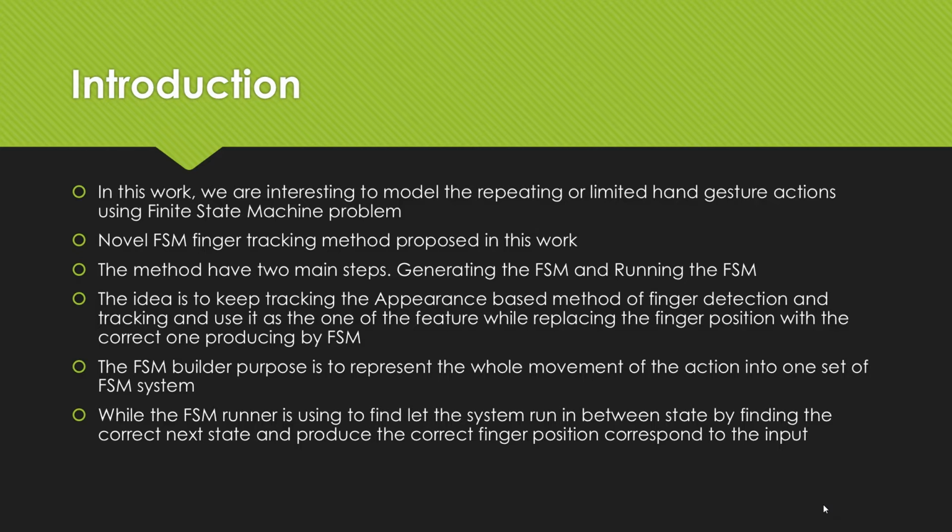The finite state machine builder is proposed to build the finite state machine from the sample hand action or hand gesture that we record, and then this is to represent the whole movement of the action in one finite state machine system, while the other algorithm, which is the finite state machine runner, is used to let the system run between the states, finding the correct next state and producing the correct finger position corresponding to the input.